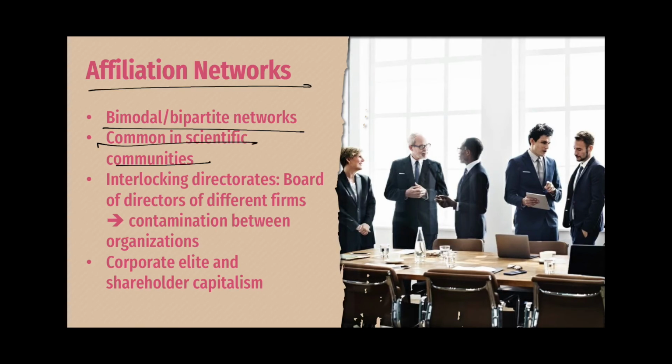And these small affiliation networks can also be seen in the increasing phenomenon of interlocking directorates, meaning the boards of directors of different firms are common across different corporations or organizations. For example, I will talk about my previous university.